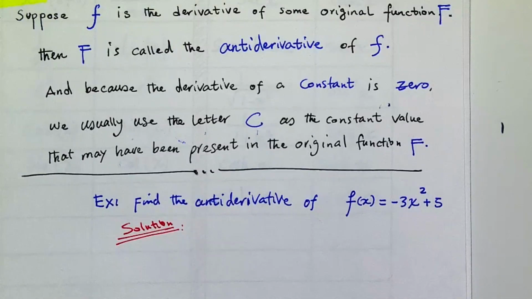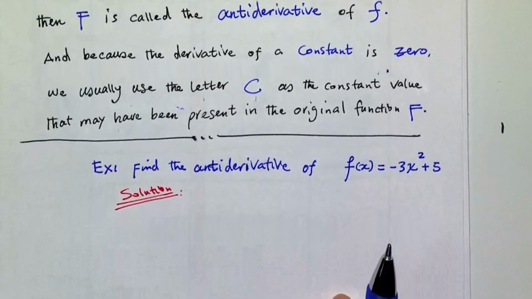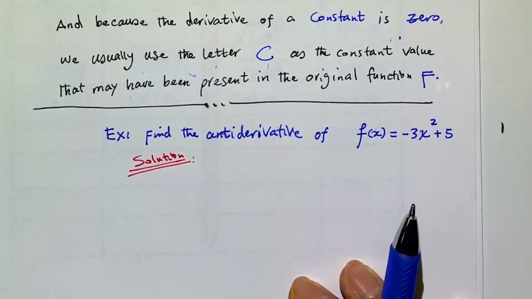Otherwise, if we don't have that extra information to calculate the constant value in the original function or in the antiderivative, we will just use a capital letter for it, a C or D or some letter from the English alphabet. We'll go through some examples so you'll see exactly what I mean, but I just wanted to lay the groundwork for what is coming up.